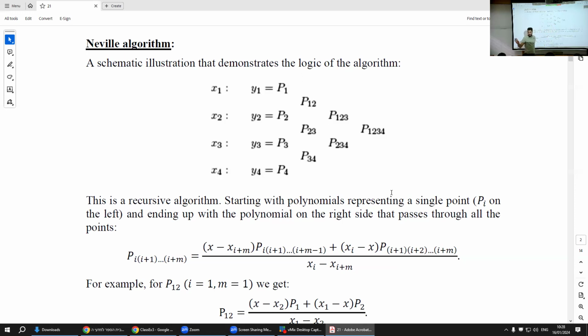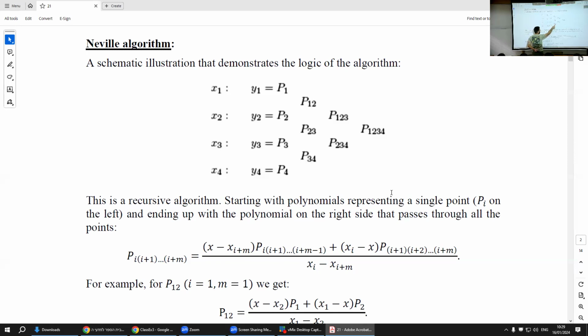We will say how we build it. Okay. If I want to use x2, x3 and x4 in order to evaluate, I will use p234, which is built from p23 and p34, which are polynomials. This is the polynomial that evaluates here based on the data of x2 and x3.